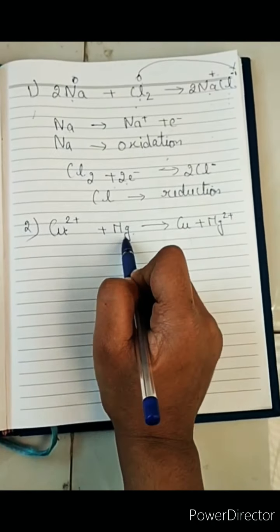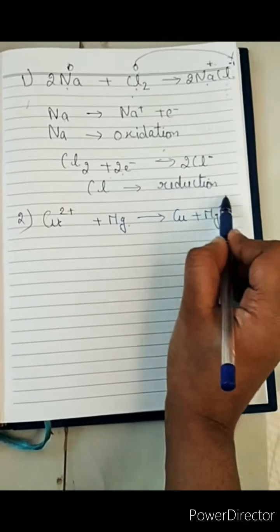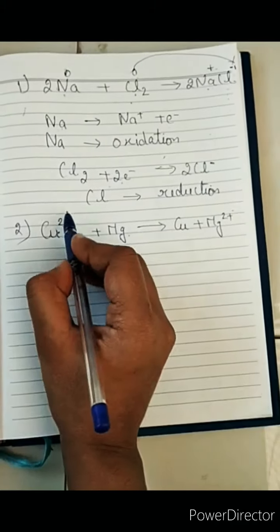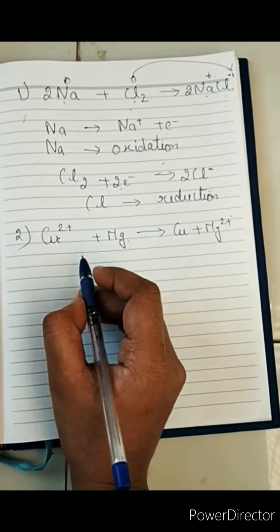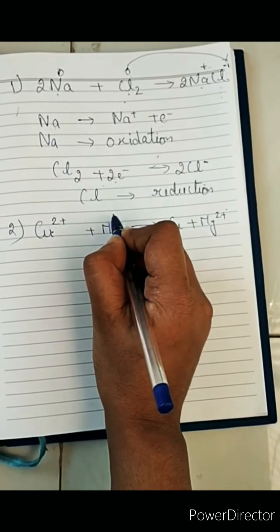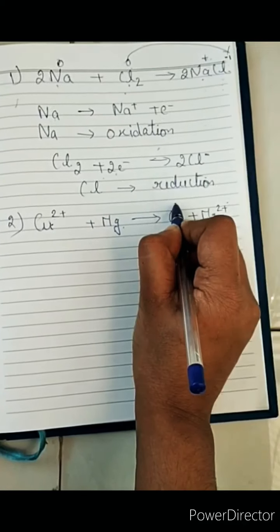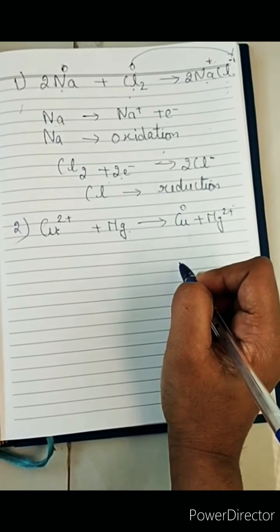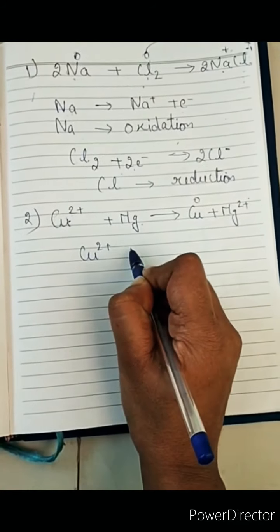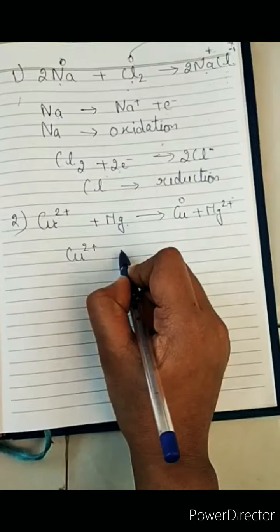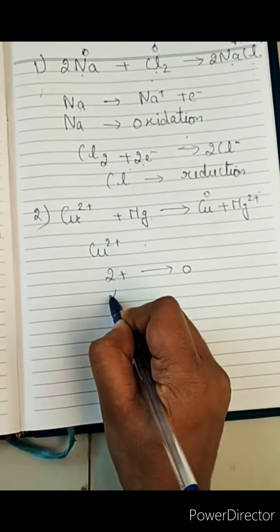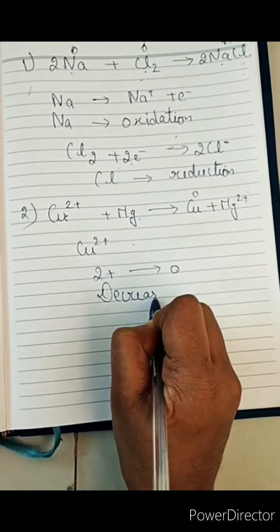And here is Mg, and after the reaction it becomes Mg2+. Now here from 2 positive to 0, here the Cu oxidation state is 0. So Cu2+, since from 2 positive to 0 there is a decrease in oxidation state.